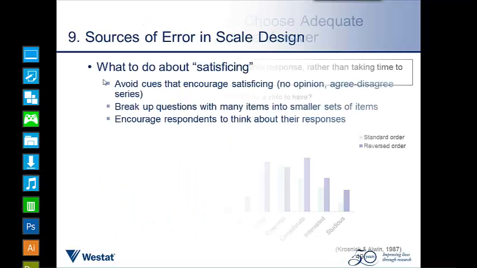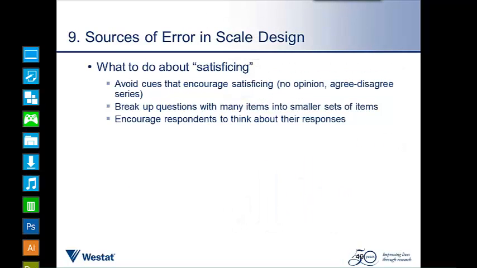And what do we do about it? We try to avoid cues that encourage satisficing, like giving people the option, like we talked about before, of a no opinion or a don't know. And agree, disagree, that people want to agree with things, and they'll just take the easiest thing that comes up.